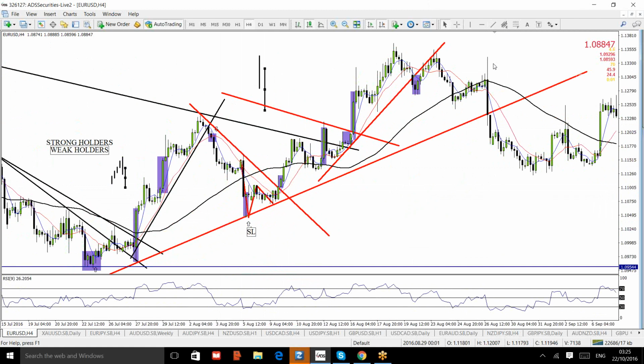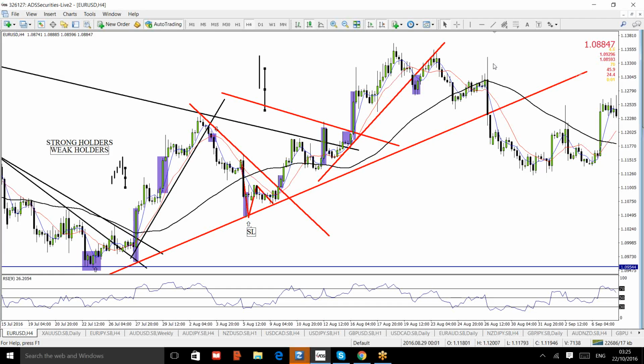Do you understand so far what I've been saying? 100% you understand, right? Any questions, guys? This is the way to use each candle to evaluate the market condition.